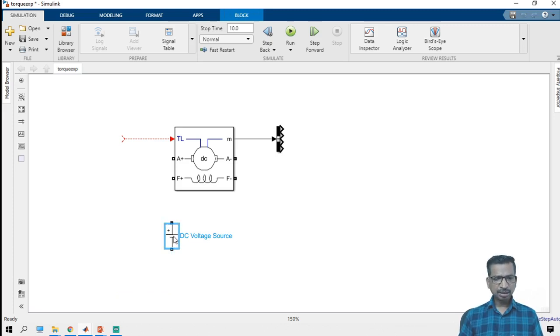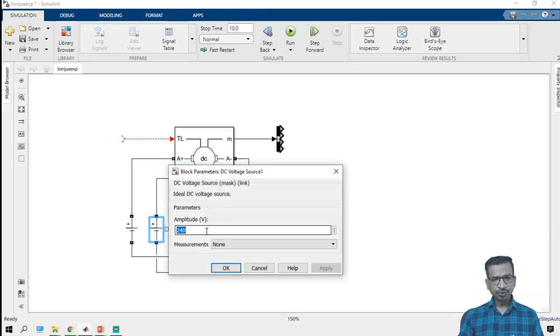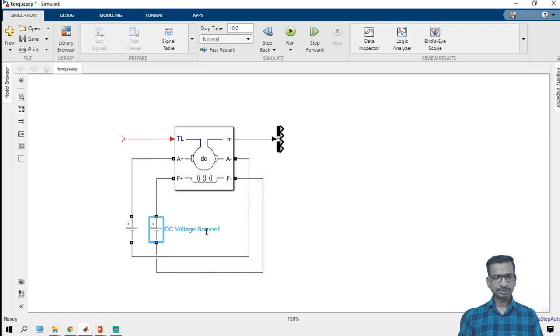This is for the armature, and similarly you can connect the field also. So this is the field voltage, about 300 voltage.